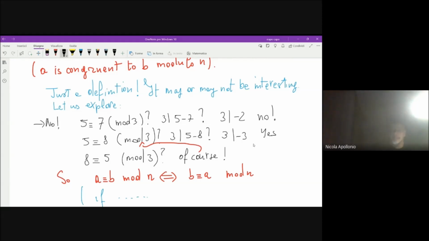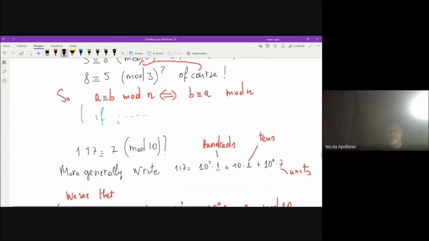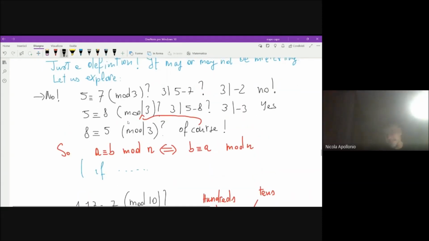So 5 is congruent to 8 modulo 3, and 8 is congruent to 5 modulo 3. It is the same thing. Why? Because if 3 divides minus 3, of course 3 divides 3. And in general, this is a general fact. You should check.